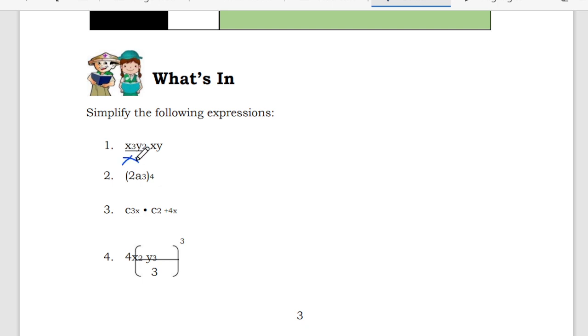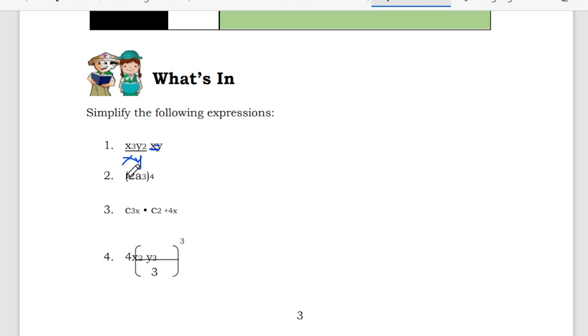X over y. So that is simplification. Yes, because there's an over there, so this one must be here.